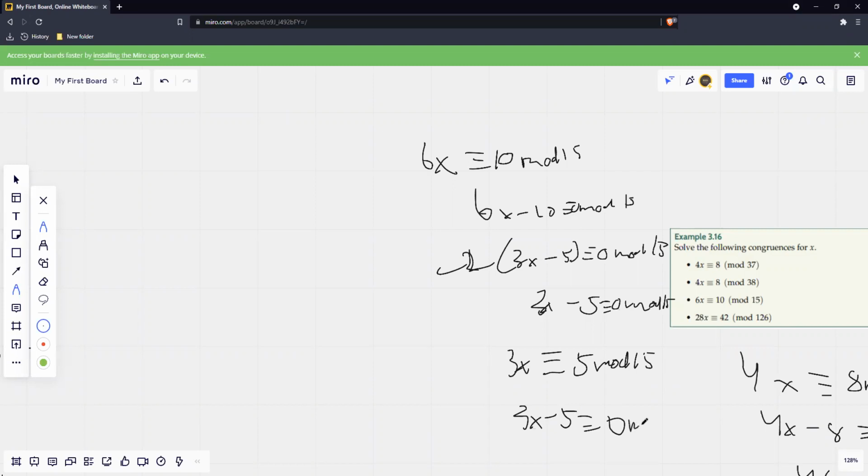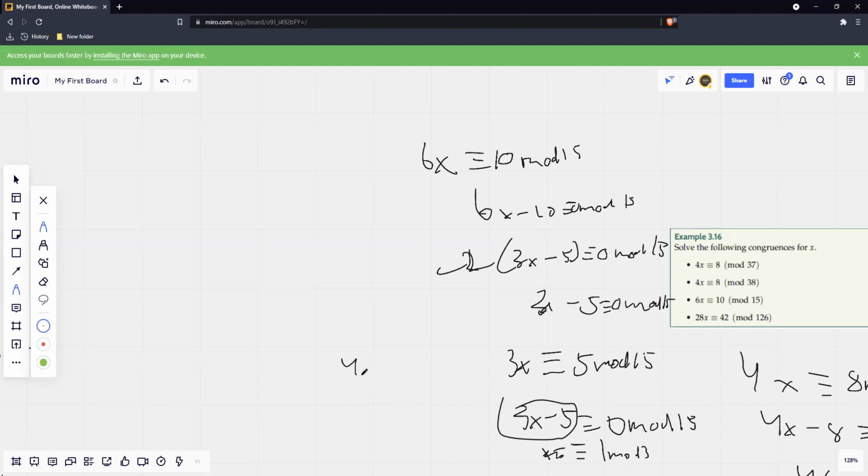Let's go back to this equation. 3 is a factor of 15. So we're saying a factor of 3 times something minus 5 is going to be 0 modulo 15. And we know that 5 is congruent to 2 mod 3. So this expression is congruent to 1 modulo 3.